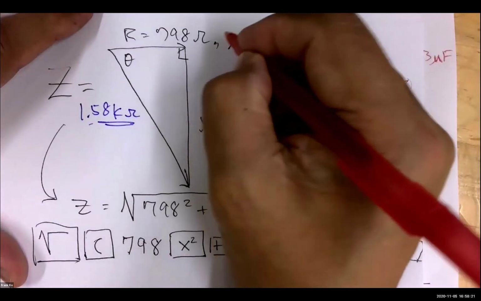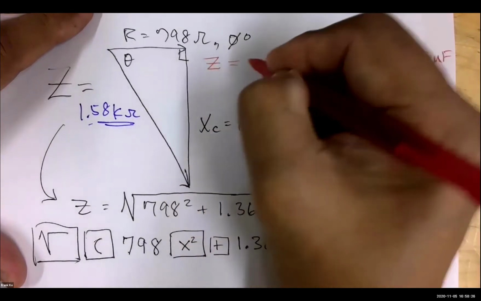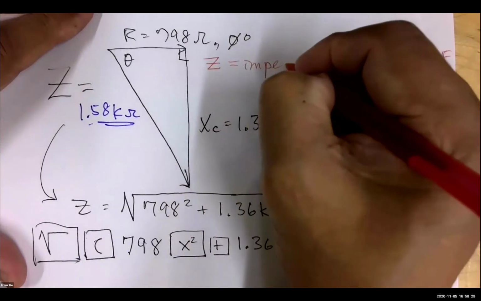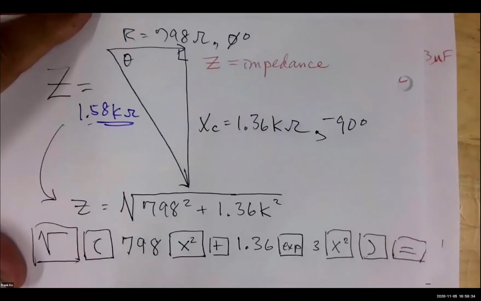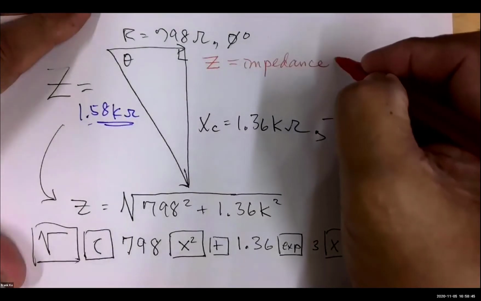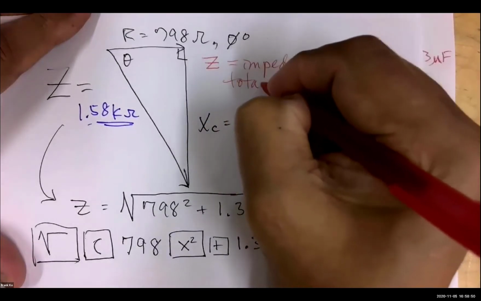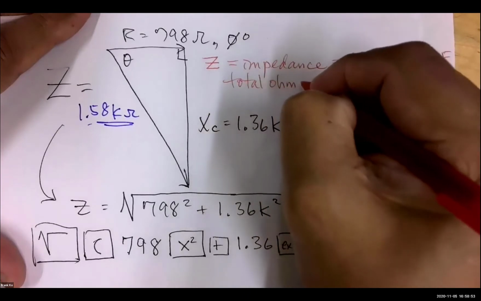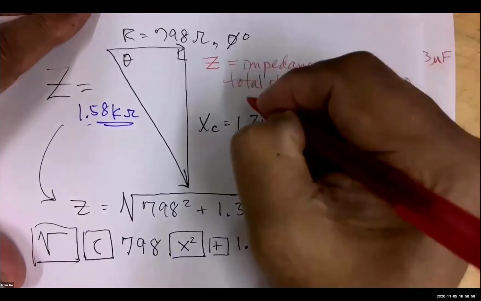Well, if you recall your electrical terms, Z is a new word called impedance. I-M-P-E-D-A-N-C-E, impedance. And if you look it up on your electrical terms handout, you'll recall that impedance is equal to the total ohms in an AC circuit.